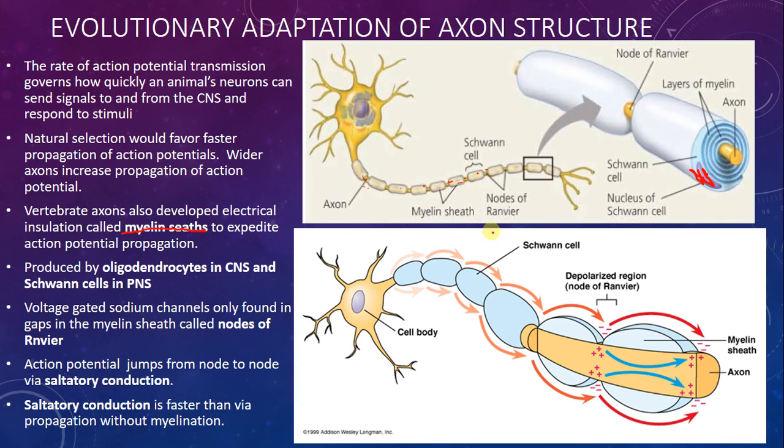And what happens is we get these gaps in between the myelin. These gaps are called nodes of Ranvier, from the person who discovered it. Nodes of Ranvier. And what's interesting is voltage-gated sodium channels are only found at these nodes.